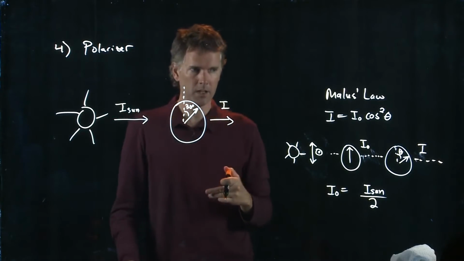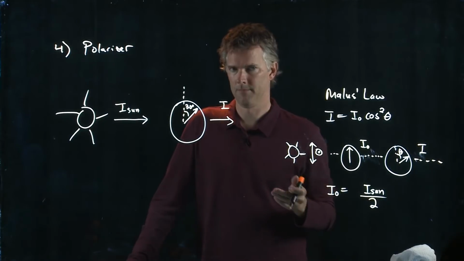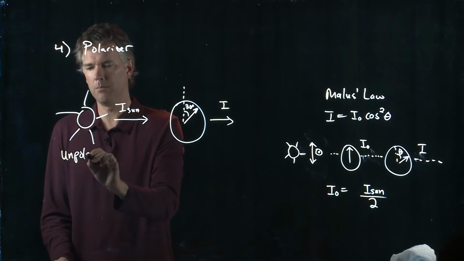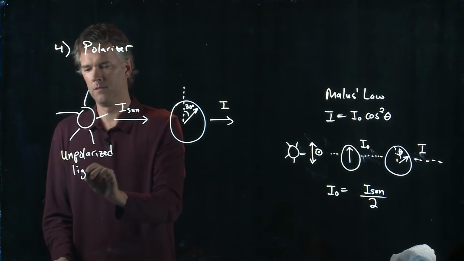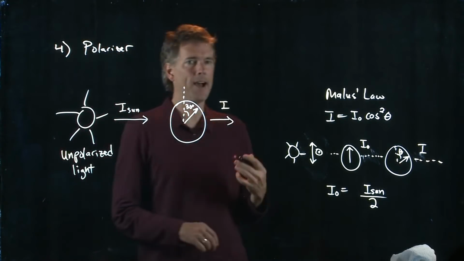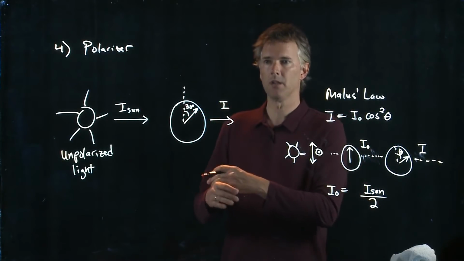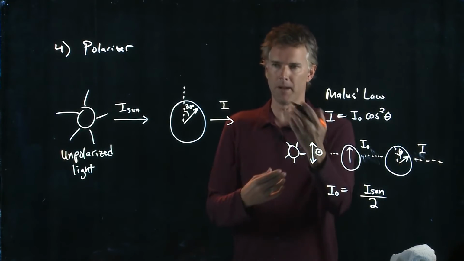Does the sun get any dimmer? No, it doesn't, because it is unpolarized. It doesn't have any particular polarization. It has a combination of vertical and horizontal, and you can combine those to make everything in between.